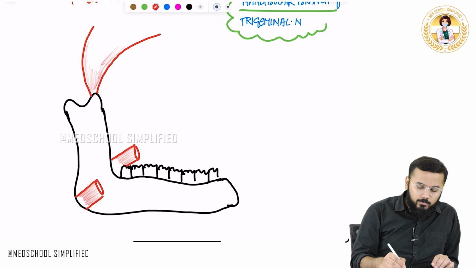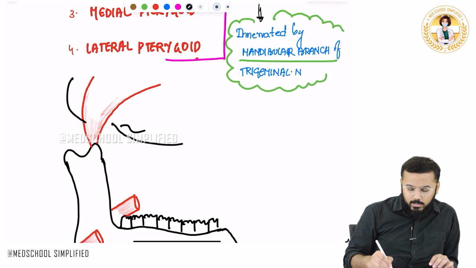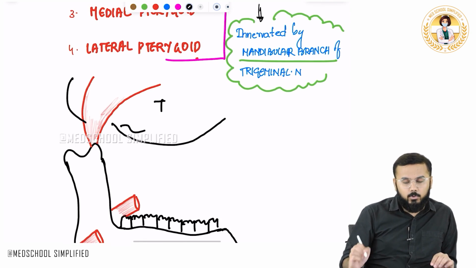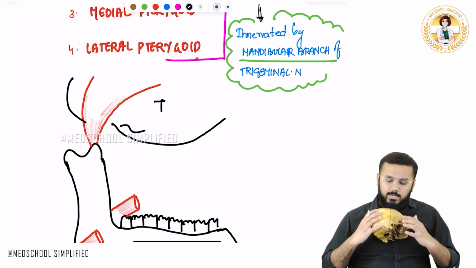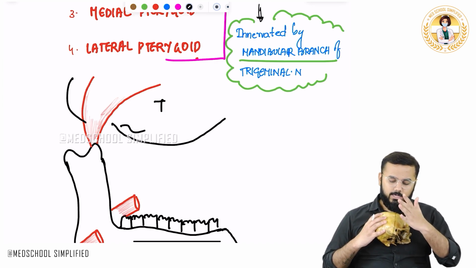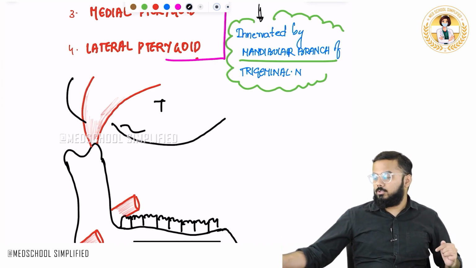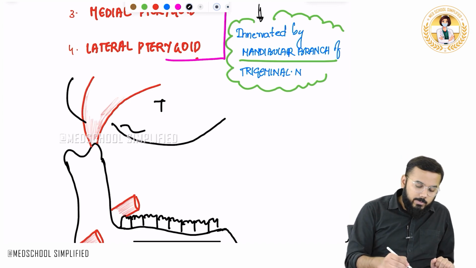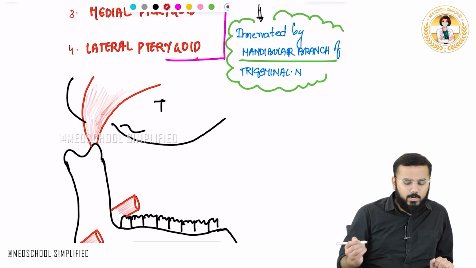All of you know that the region I am drawing here is your temporal region. So there is a muscle like a fan on the temporal region, and it is called the temporalis muscle.